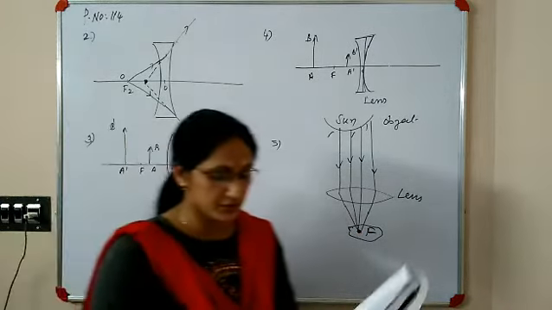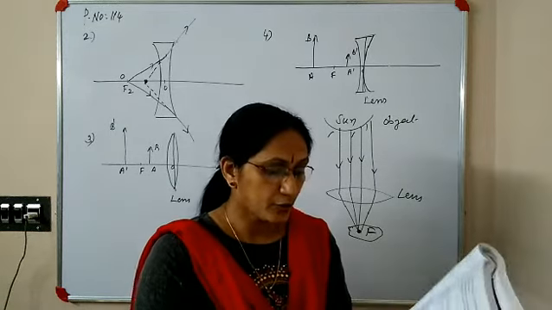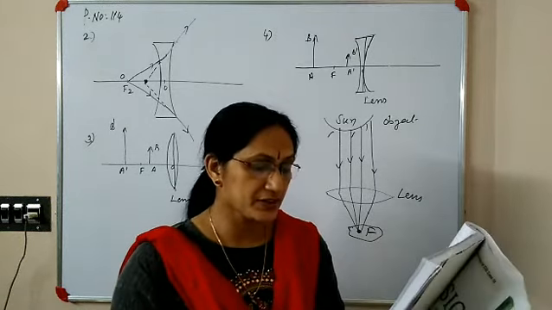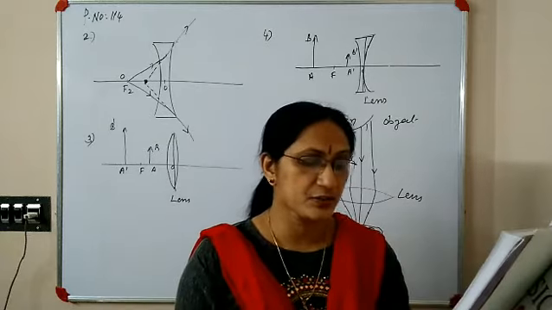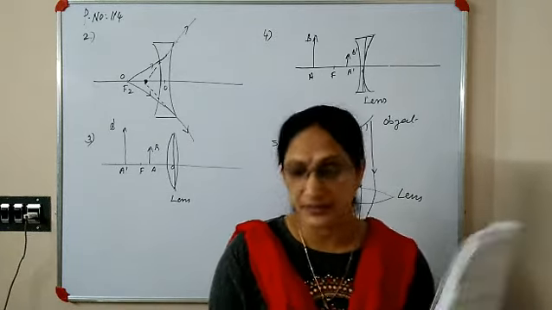Now 6th question. An object of height 5 cm is placed in front of a convex lens of focal length 15 cm.